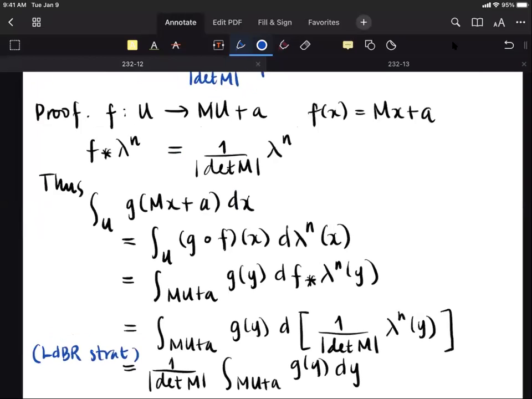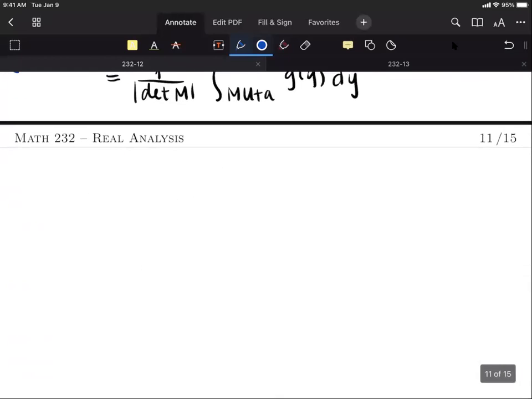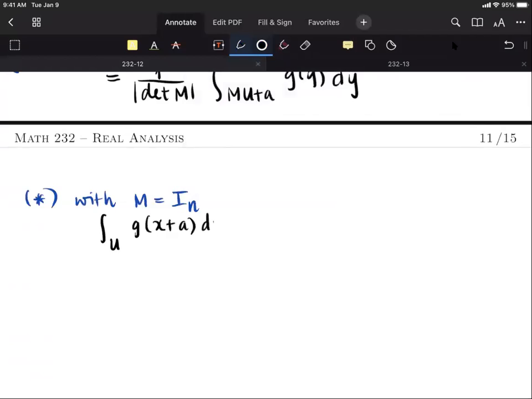So as special cases, let's say if I take (*) with M the identity matrix, we obtain the following formula. M now is the identity, so we have x plus a dx.